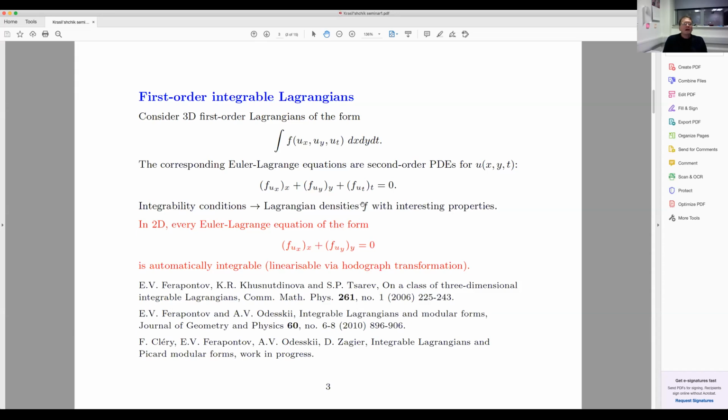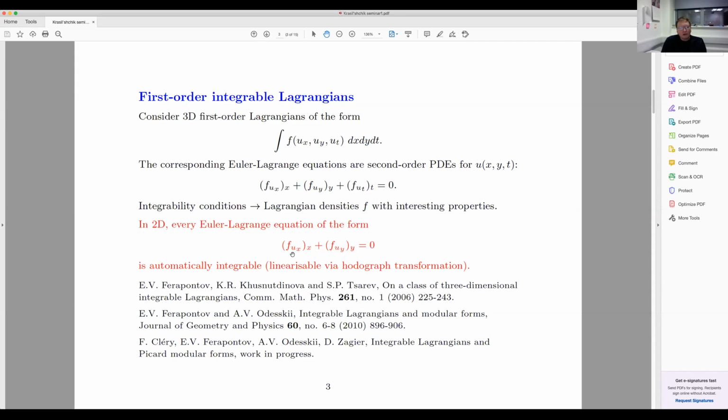All right. So what is important is that if you look at two-dimensional Lagrangians, so imagine that F doesn't depend on u_t, only on u_x and u_y, then this is your Euler-Lagrange equation. Again, it's a second-order PDE in two independent variables, and any such PDE is linearizable.